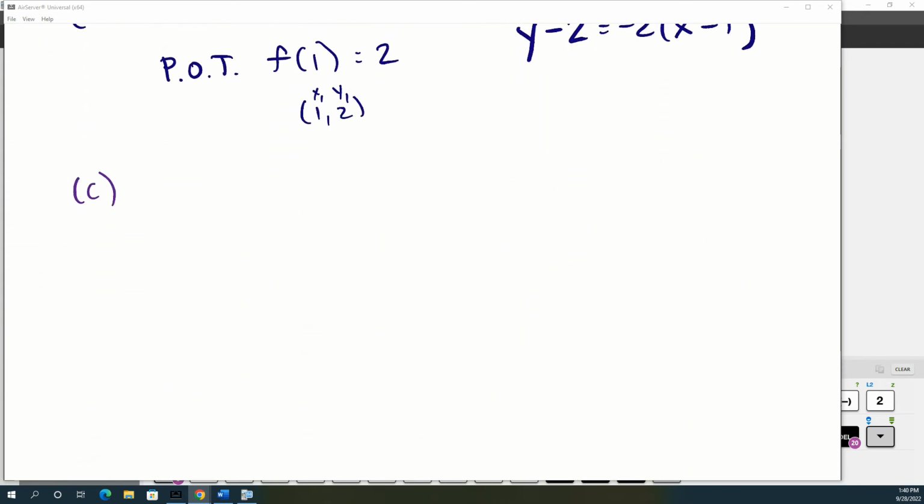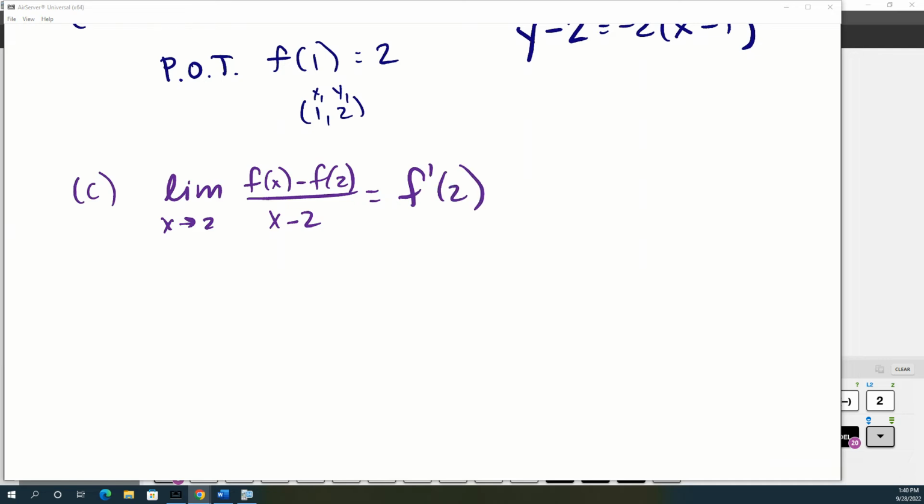So I'm going to write that down. You would want to write that down, that the limit as x approaches 2 of f of x minus f of 2 over x minus 2 means f prime of 2. And you could write the same thing about 3.